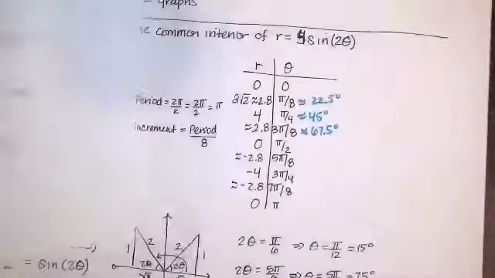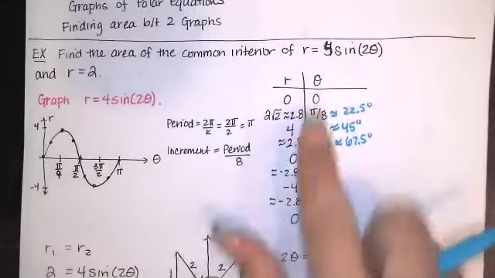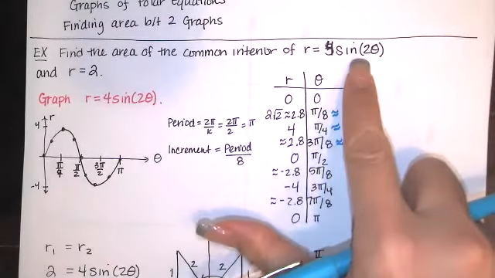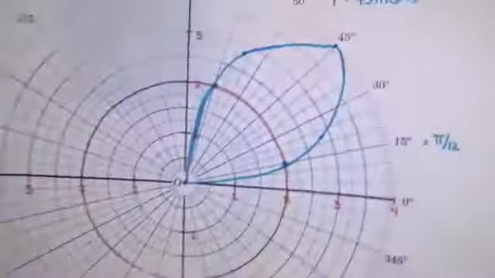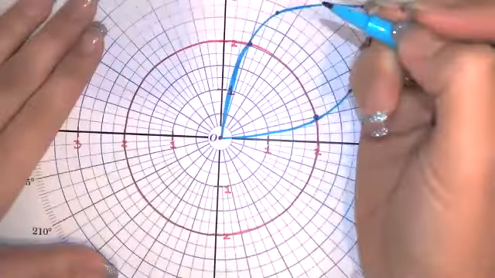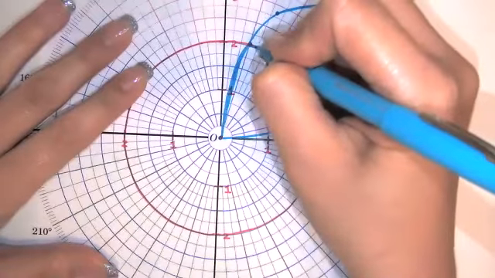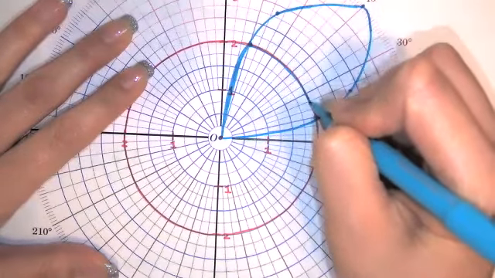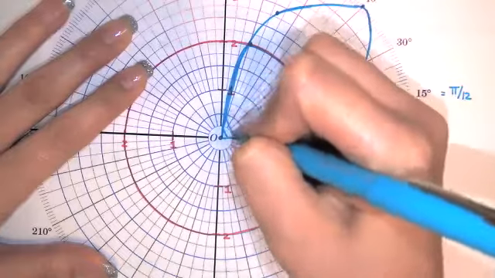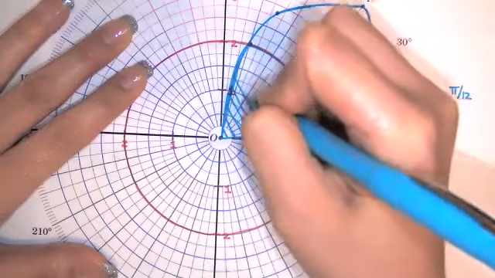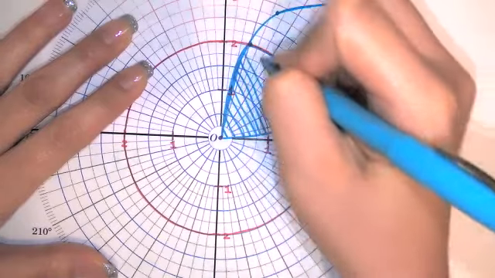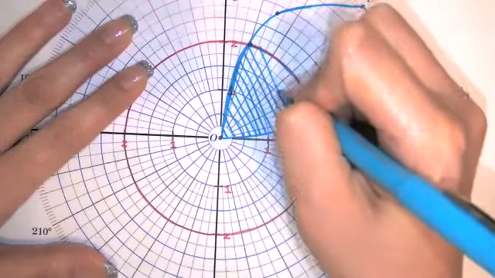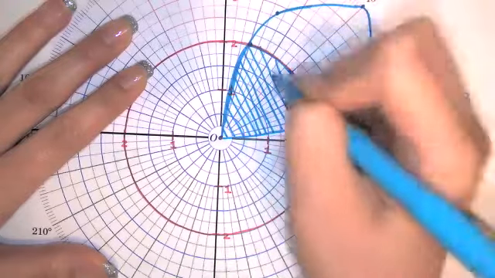But remember what we're looking for. We're looking for the area of the common interior of those 4 petals, and r equals 2. So what I'm really looking for is this area here. But times 4, because there are going to be 4 petals.